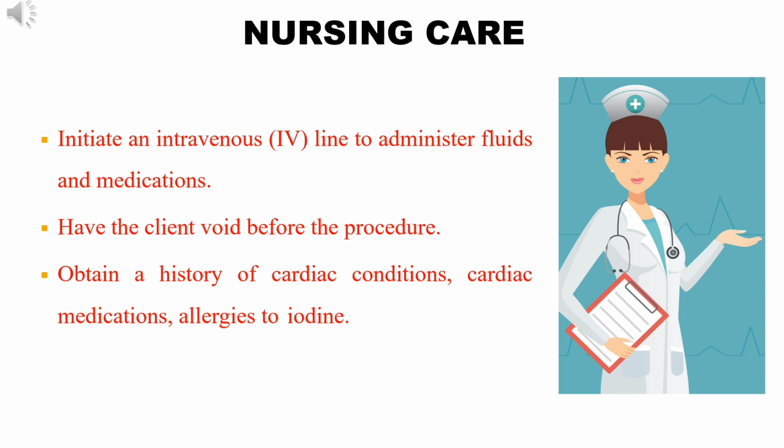Have the client wait before the procedure and obtain the history of suspected or known cardiac conditions, like any cardiovascular status or any cardiac medications, allergies to iodine, and previous tests and procedures.